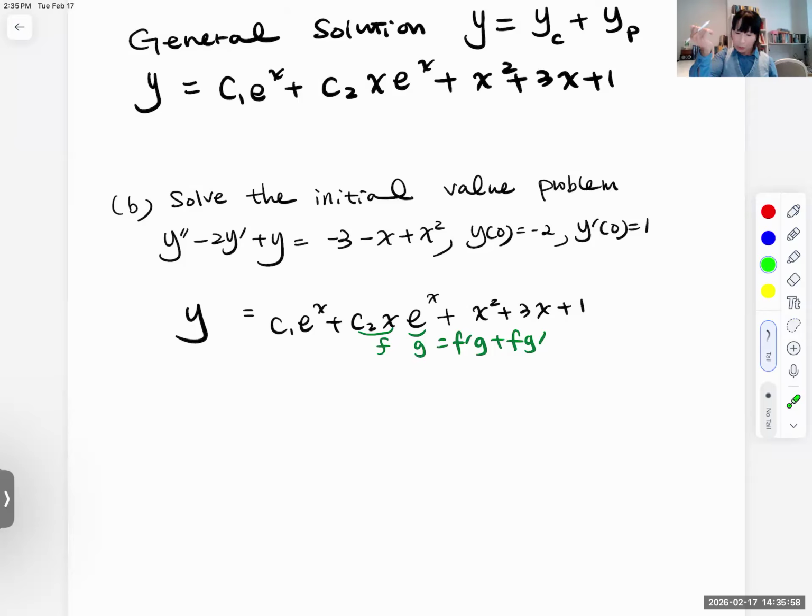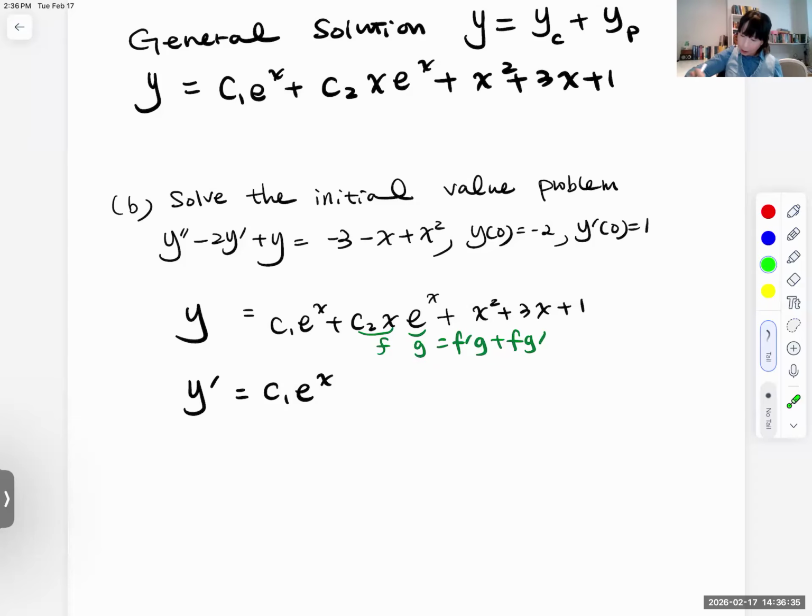So we want to find y prime first. So y prime equal to, okay, the derivative of the first term, as it is, right? Okay, the derivative of the second term. So we have x times e to the x power, so we are using the product rule. So f times g is equal to f prime g plus f g prime, right?